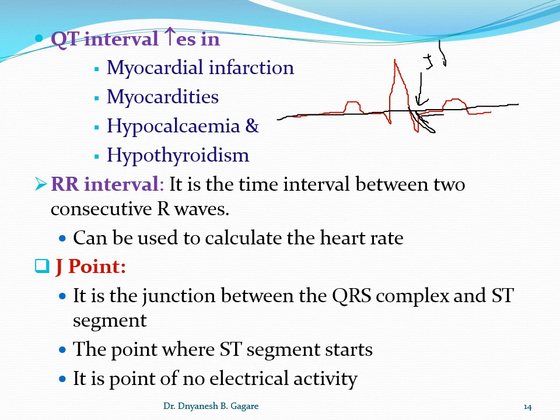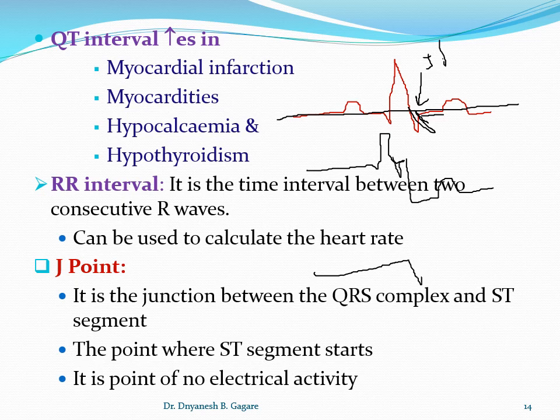How does it shift up and down? Suppose this is the R wave, so here this J point is normal, but in some clinical condition it shifts down, so it comes down and from here the T wave comes. In another example it can shift up.